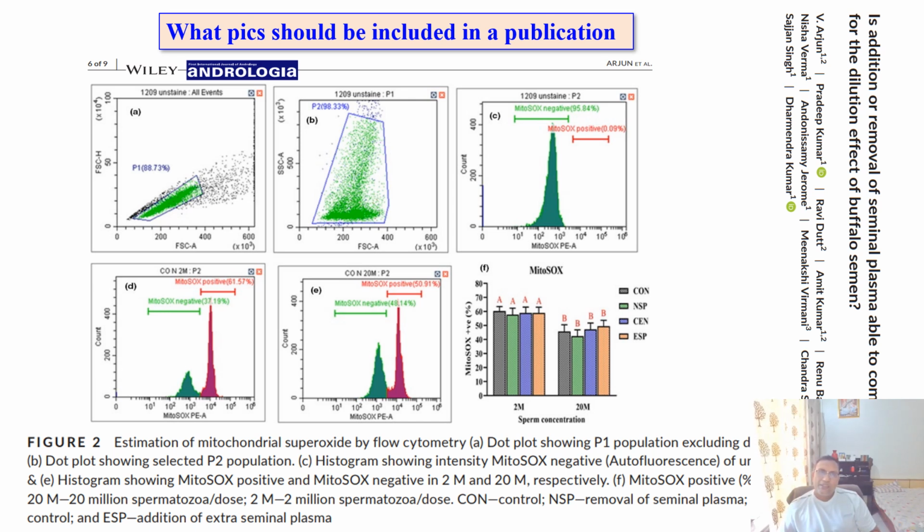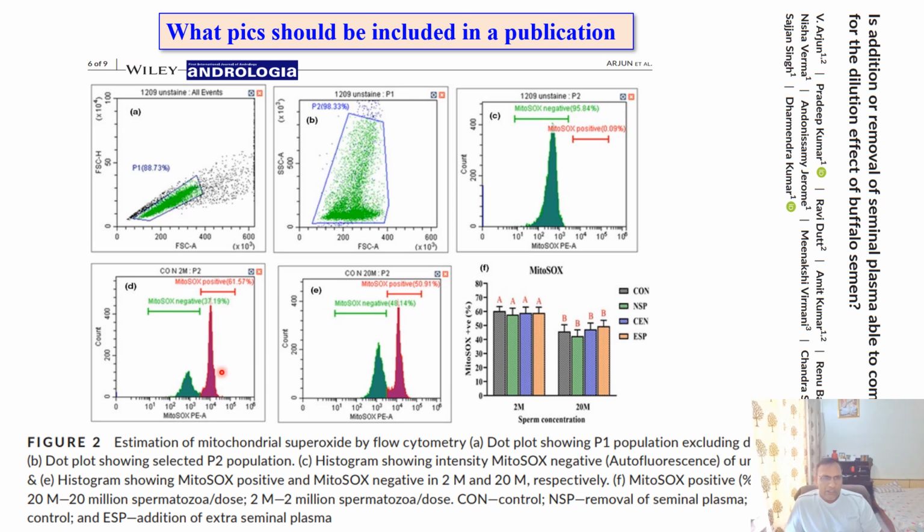So now what pictures of the flow cytometer do we have to include? It depends on your data and the journals. If it is a mediocre journal ranging from 1 to 2 impact factor, and you have little data, then you can put all the steps. For example, the forward scatter, side scatter, selection of population, positive control, negative control.